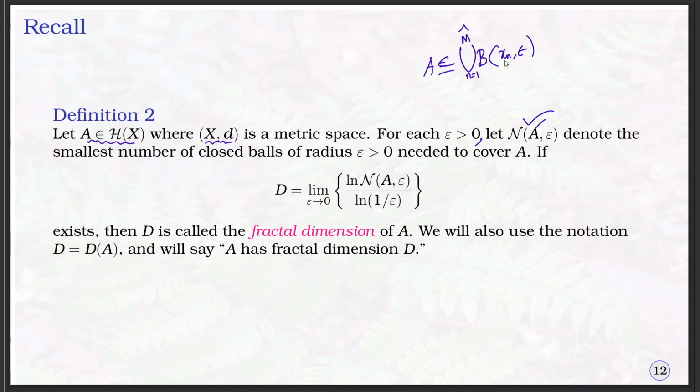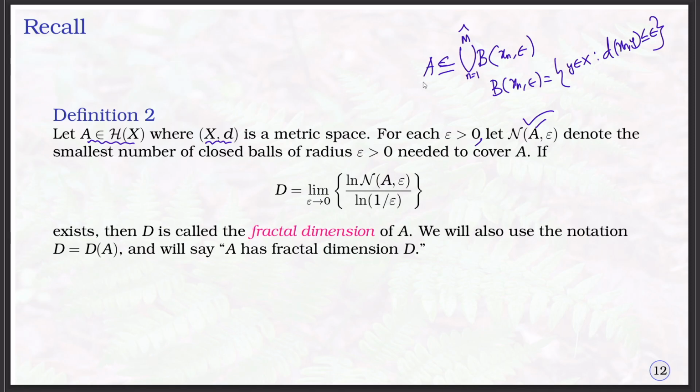Now, if you take x1, x2, x3 up to x m cap, that is the finite closed cover, where B of x n comma epsilon is defined as the set of all y belonging to X such that the distance between x n and y is less than or equal to epsilon. The closed balls are required to cover A.